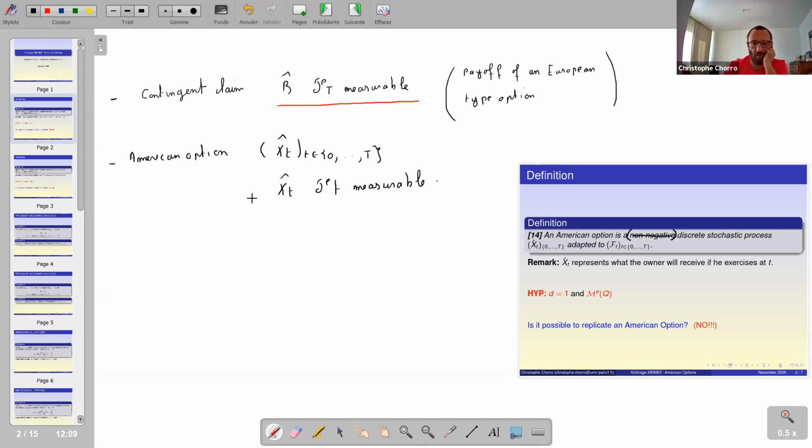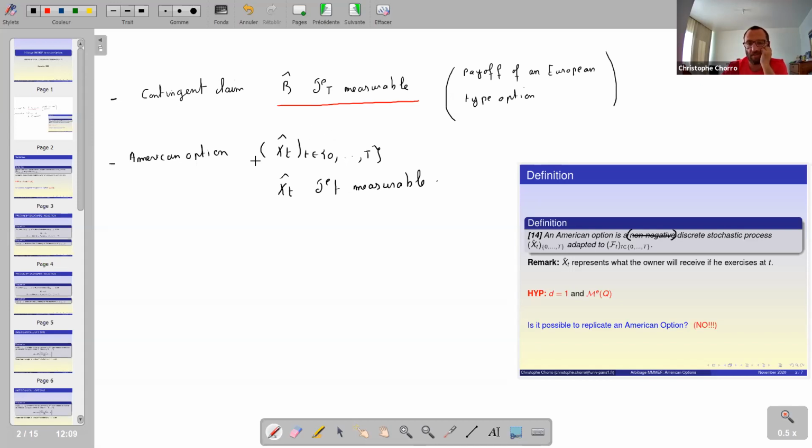So what is the financial interpretation of this? In the case of the contingent claim, X hat represents what you obtain at capital T if you exercise or not your European type option.